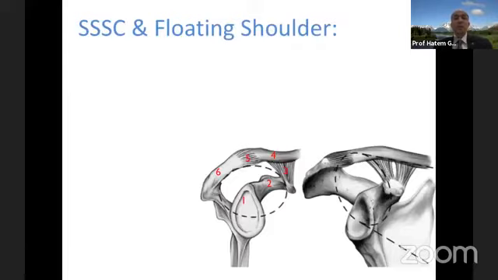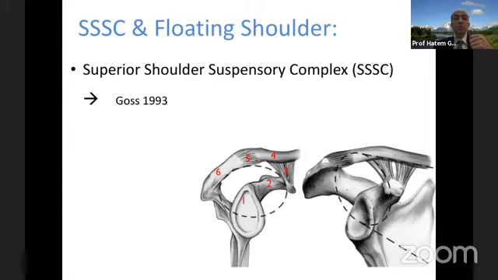Now, to go beyond the scapula, or slightly above the scapula, to the rest of the shoulder complex, which is the superior shoulder suspensory complex. Before, it was described as the floating shoulder, but Goss described that early, and it describes the whole chain that's holding the scapula and the shoulder connected together.